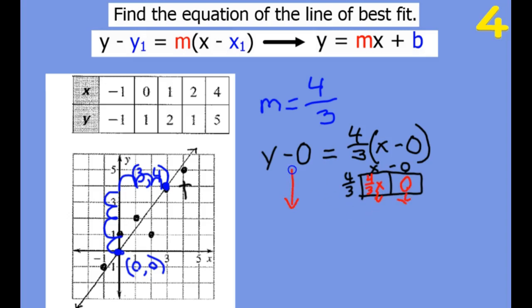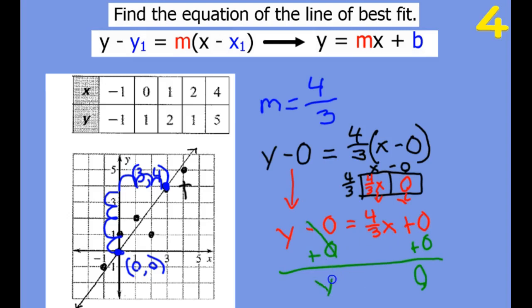So if we bring those down, and we bring y minus 0 down, we get y minus 0 equals 4/3 x plus 0, or minus 0, doesn't matter. Now to get y by itself, we need to add 0. If we add 0 to 0, we're left with 0.